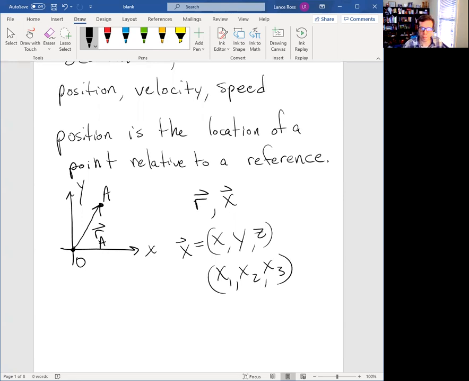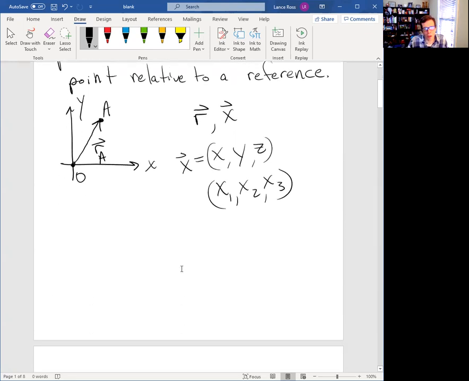Right? So just some notational stuff there. The important thing here is that the position is a vector. So if we want to talk about a change in position, that's called displacement.